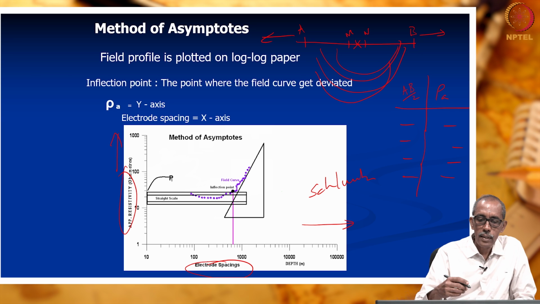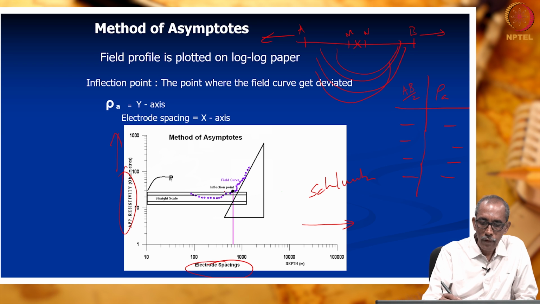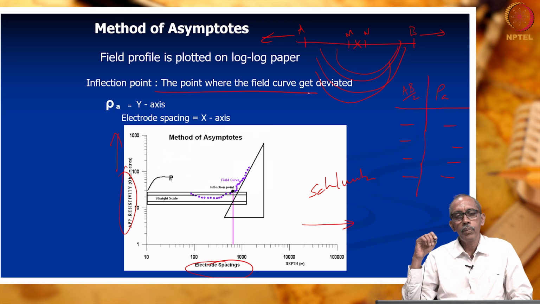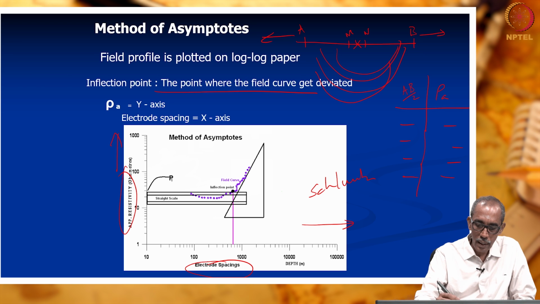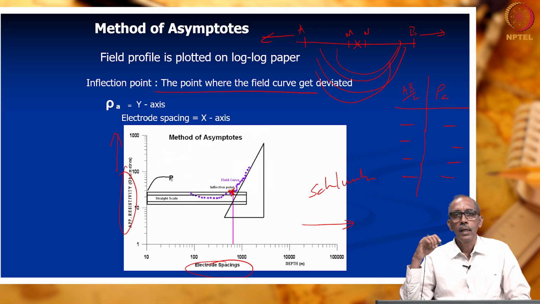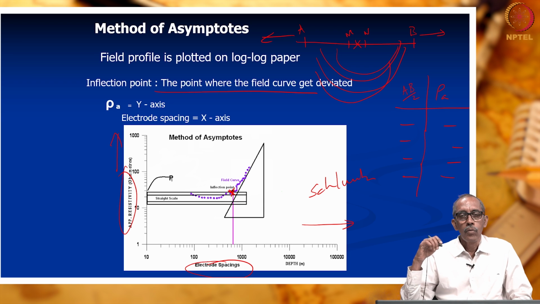Here, what we look for is inflection points. What do we mean by inflection point? Inflection points are the points where there is a major break in the slope of the curve. Here I see there is a break in the slope of this curve where I am marking a red cross. Over there I feel there is a major change in the slope of the resistivity curve.